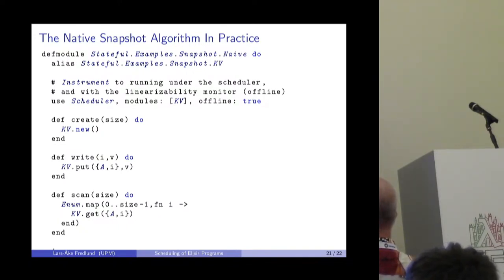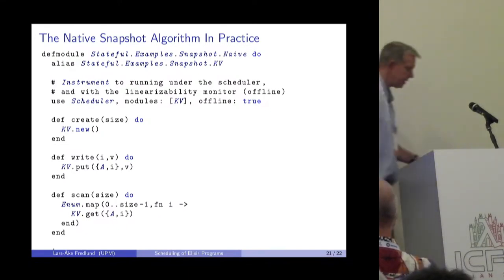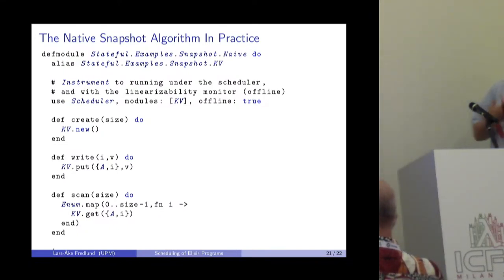And secondly, we also have a parameter here that's integrated with the linearization checking, saying that we also want to do linearization checking. This entails for each of these three functions to inform when the function is called and when it ends. Okay? So this is the visible user interface to the tool.